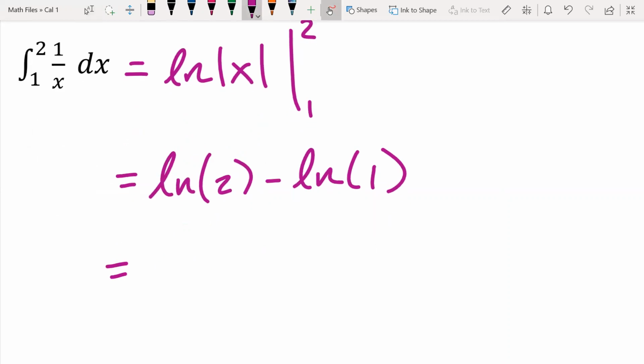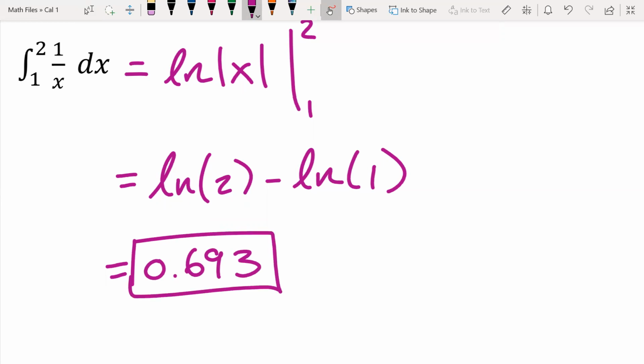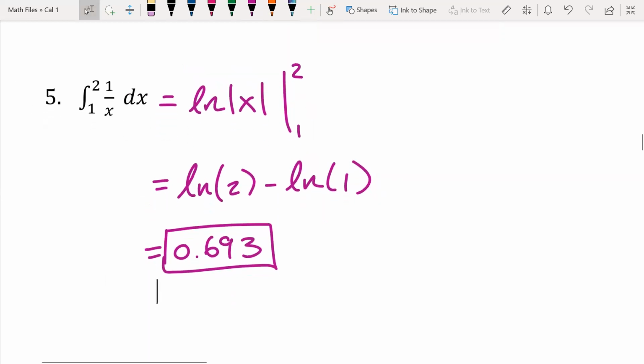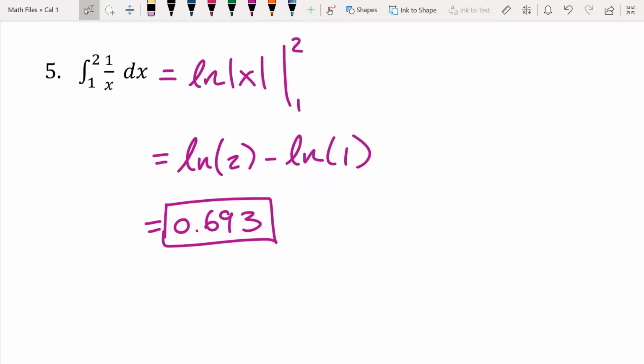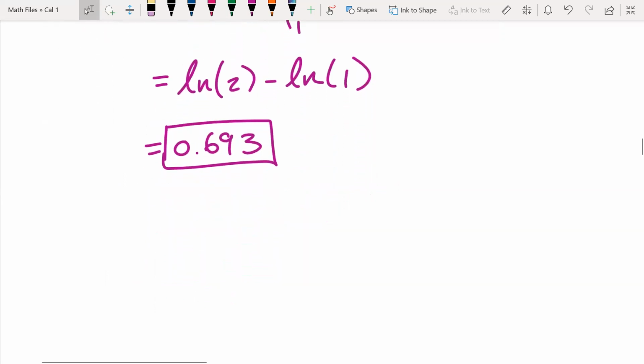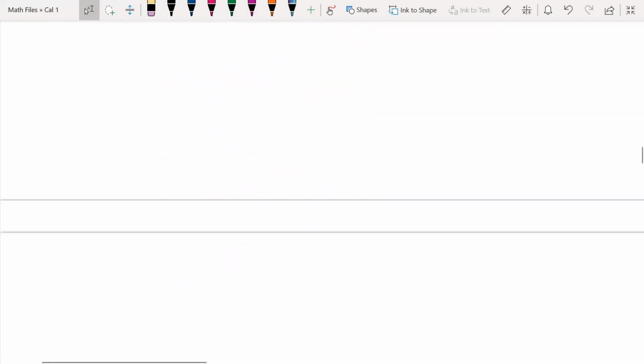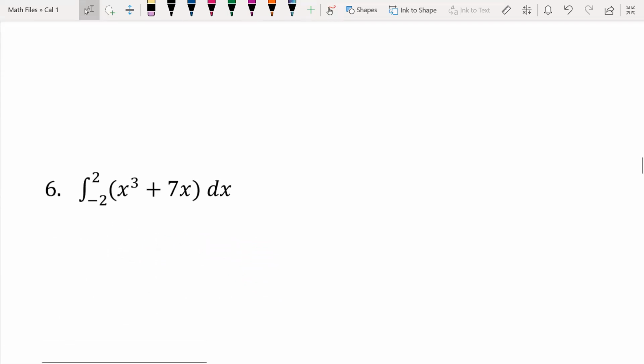And then natural log of 2 is 0.693. That's because the natural log of 1 is always what value? Nobody? All right. 0. There you go. Okay, cool.